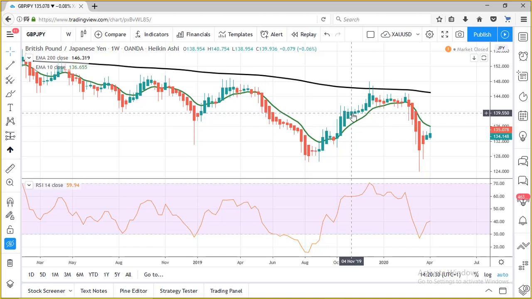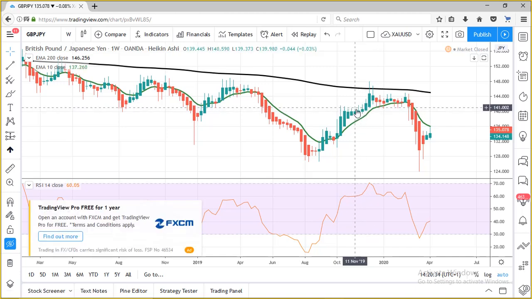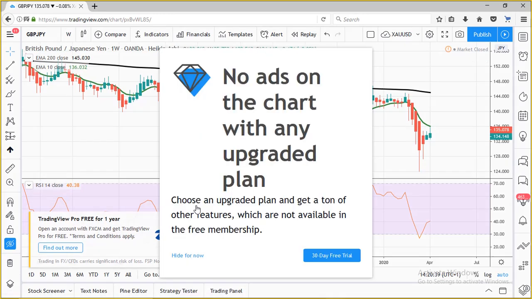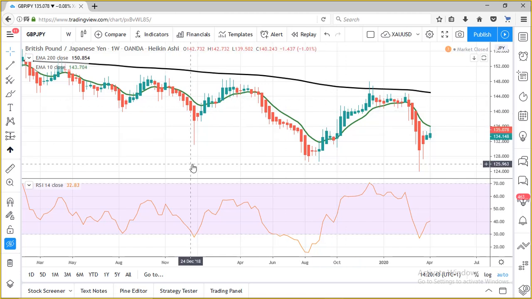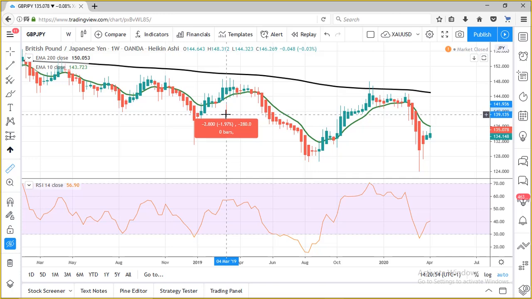So here, what you see is more of a consolidation on a higher time frame, and that consolidation could have been something like 600 or 700 pips. Let's see, how many pips do we have within that consolidation zone? We have about 200, 300 pips.